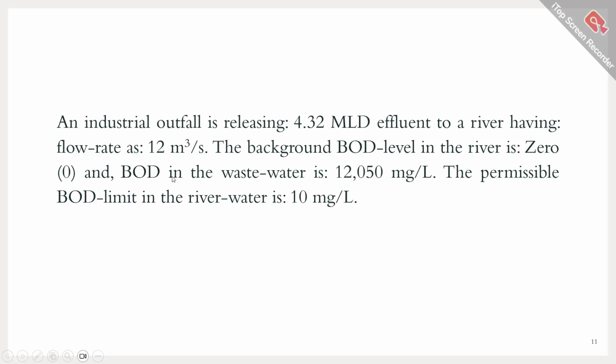Now this is provided as the volumetric flow rate. Okay. The background BOD level of the river is 0 and BOD in the wastewater is 12,050 milligram per liter. The permissible BOD limit in the river water is 10 milligram per liter.